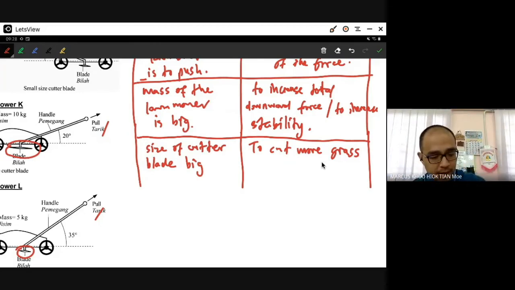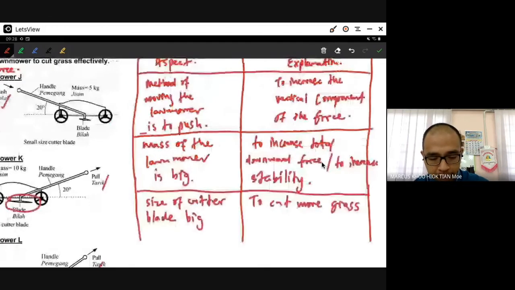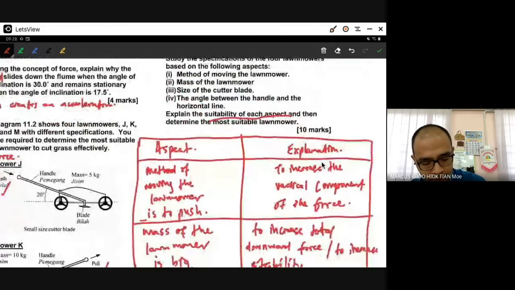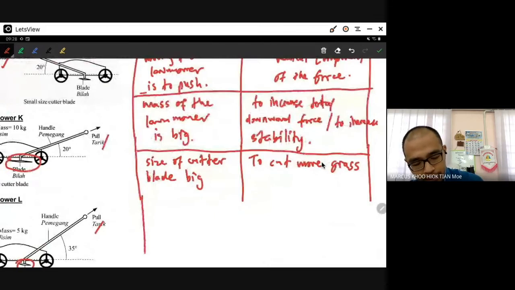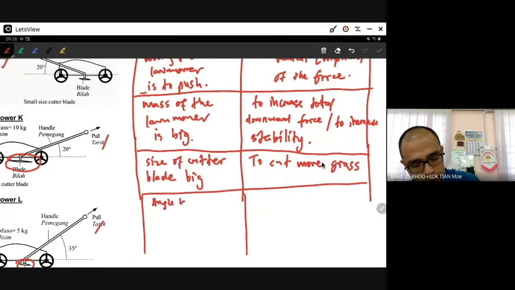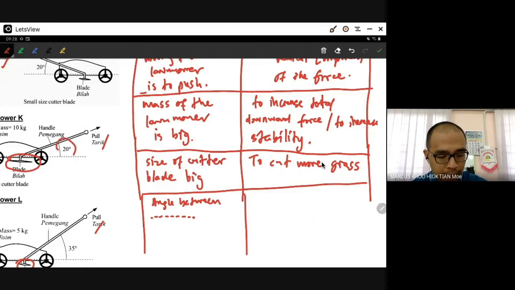Okay, last one, angle between the handle and the horizontal line. This one is definitely physics. So angle between the handle and the horizontal line. Should it be a small angle or big angle?